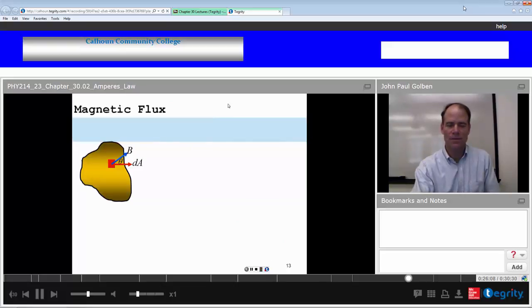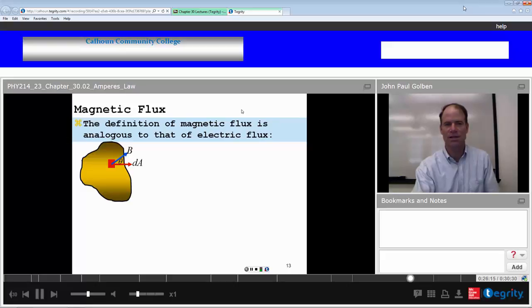Alright, so we're going to conclude this chapter 30 with a brief discussion of magnetic flux. We can say that magnetic flux, which is the number of field lines that actually go through an area, is analogous to what we discussed earlier about electric flux, where we had an electric field going through an area.